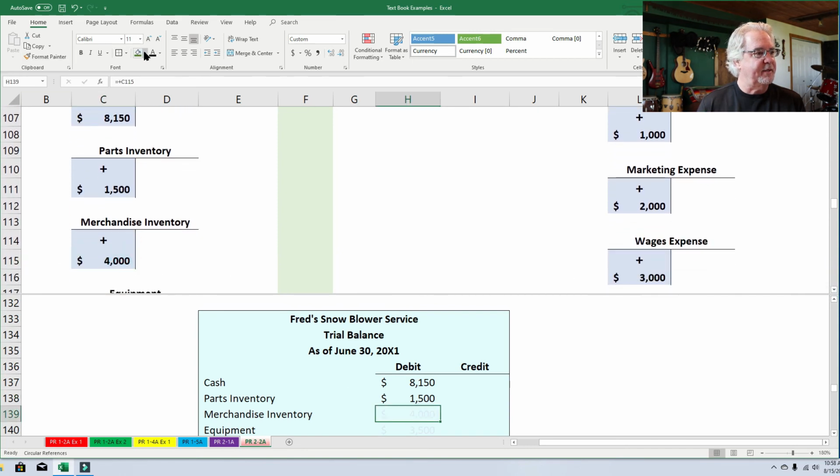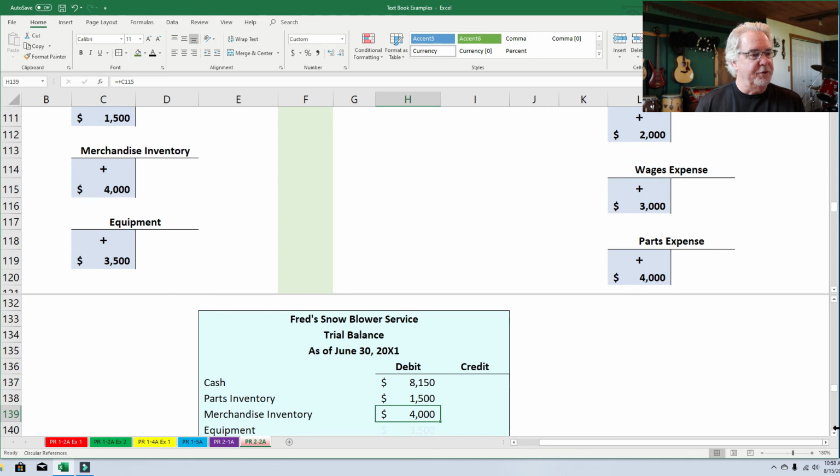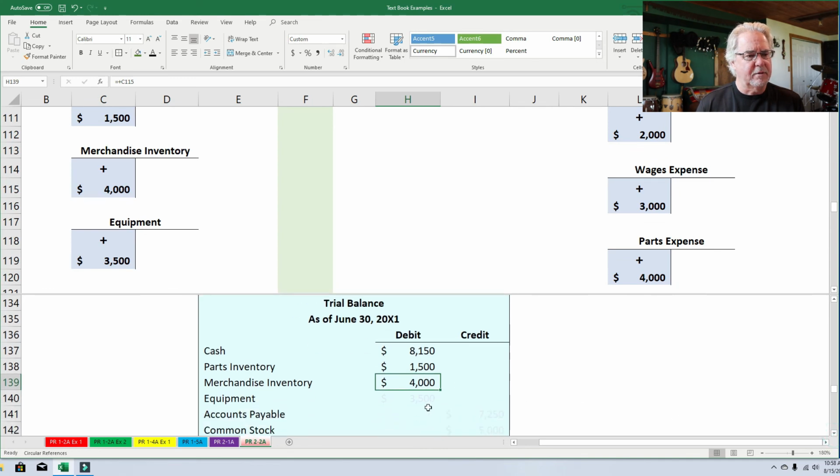So you just drop it down there. How about equipment? $3,500. And if you notice, everything over here is on the left, and on our trial balance, everything here is on the left.